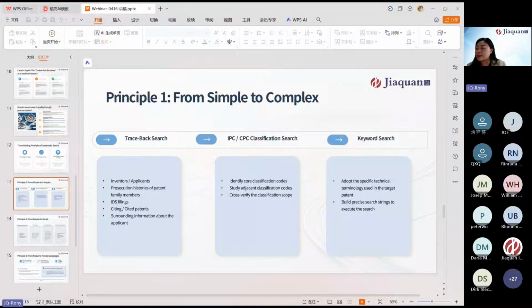My suggestion is, in the initial stage, we can reuse some of the terminology expressions from the patent to construct a precise search strategy. And this way we can obtain the most relevant batch of data quickly.